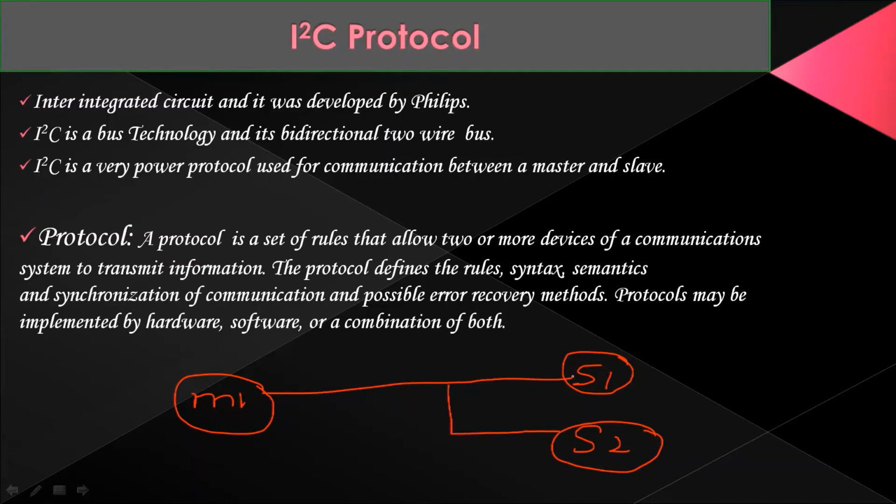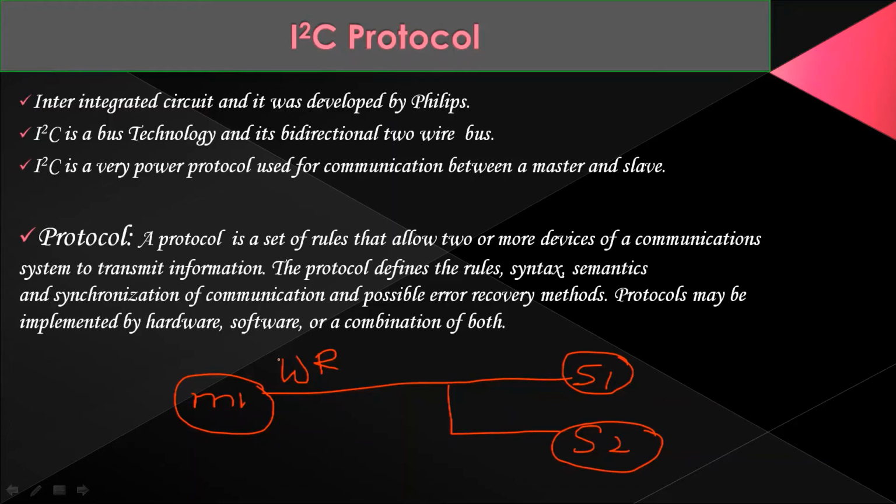Consider this is a network consisting of master 1 and 2 slaves. So here master can communicate with slave 1 or slave 2. But first it has to decide whether the master wants to communicate with slave 1 or slave 2. So now the master has decided that it wants to communicate with slave 1. Fine. After that it has to decide whether it wants to write some data to slave 1 or read data from slave 1.